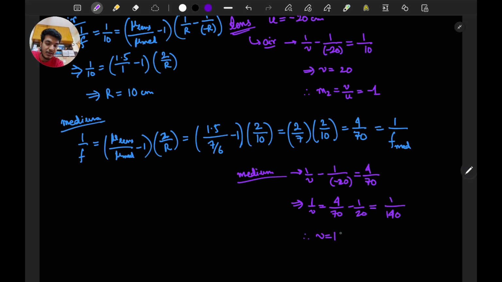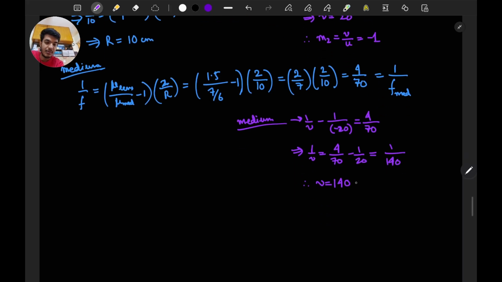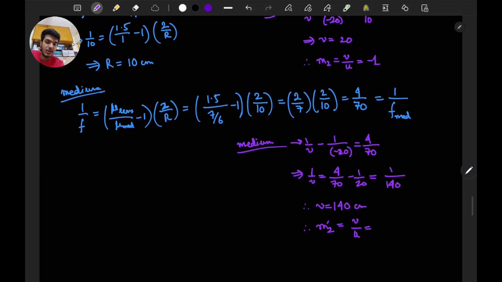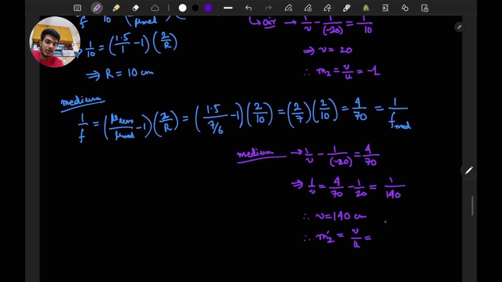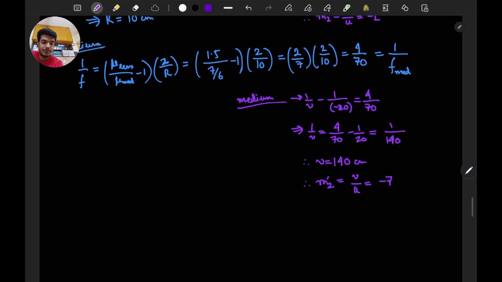So V is basically 140 centimeters. So the new magnification due to the refraction is V by U, which is 140 by minus 20, and it would be minus 7.